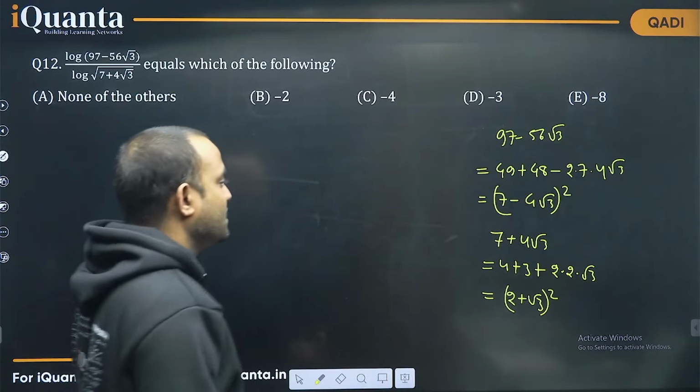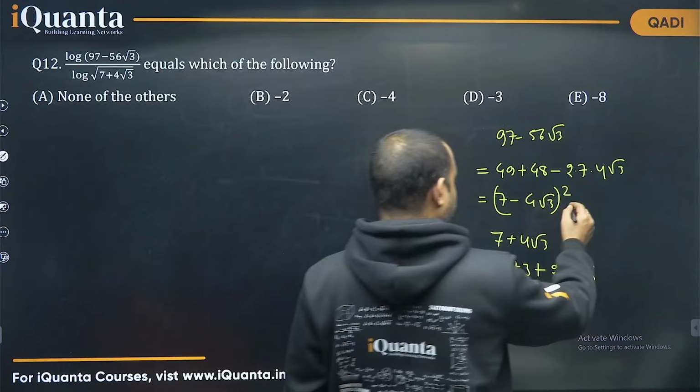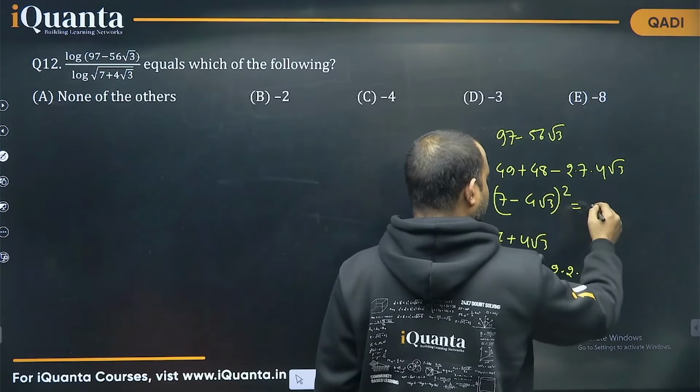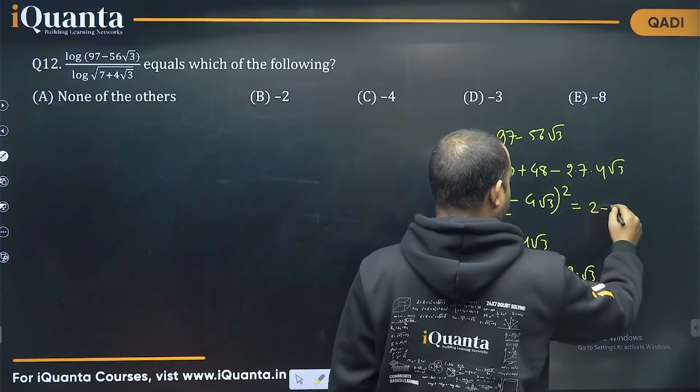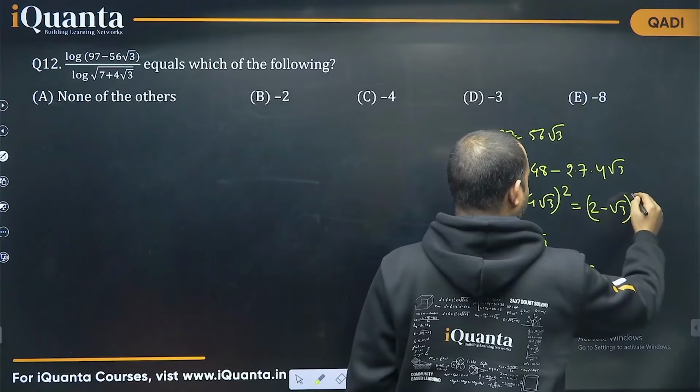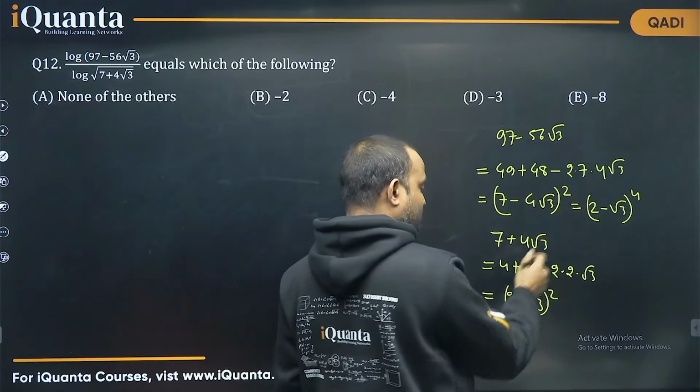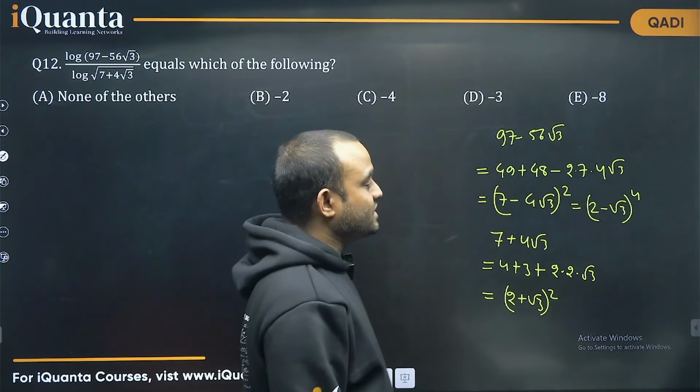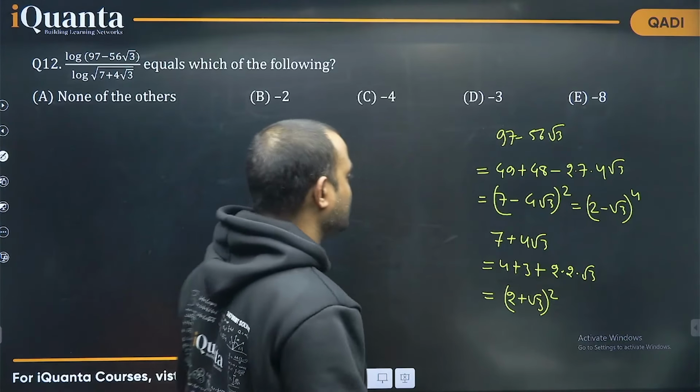So now 7 minus 4 root 3 can be written as 2 minus root 3 to the power 4. 7 minus 4 root 3 similarly can be written as 2 minus root 3 square. Square of square is to the power 4.